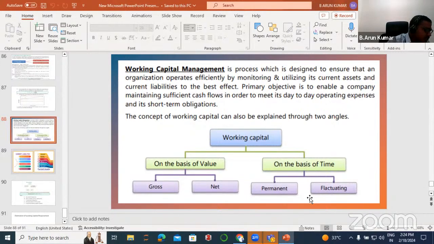This is on page number 224, determinants of retained earnings. Just go through the merits and demerits of retained earnings.